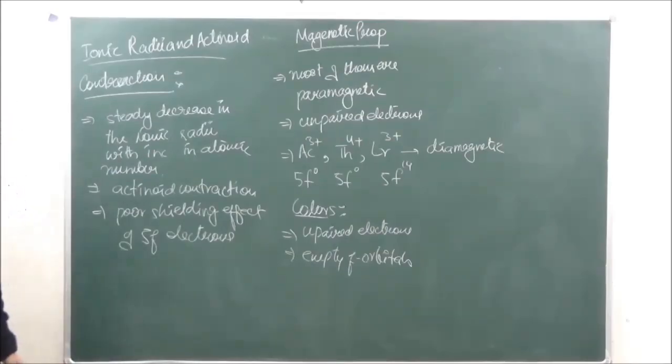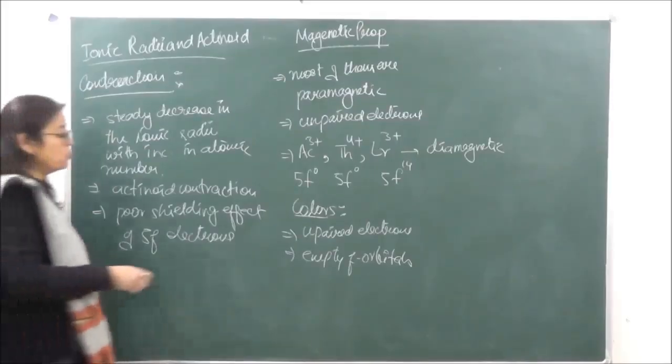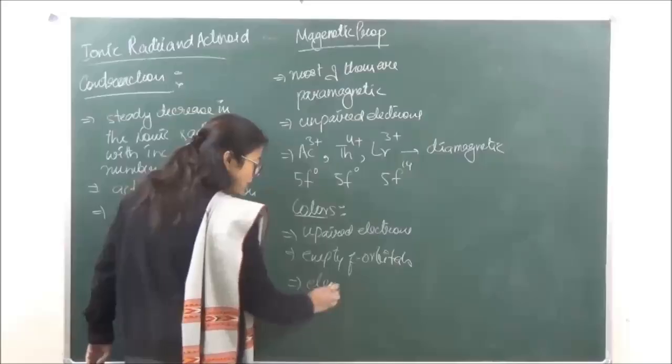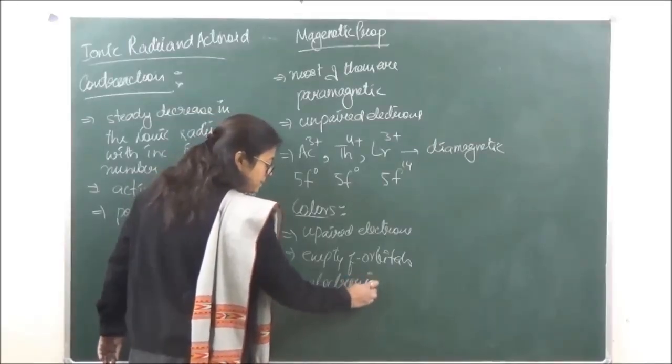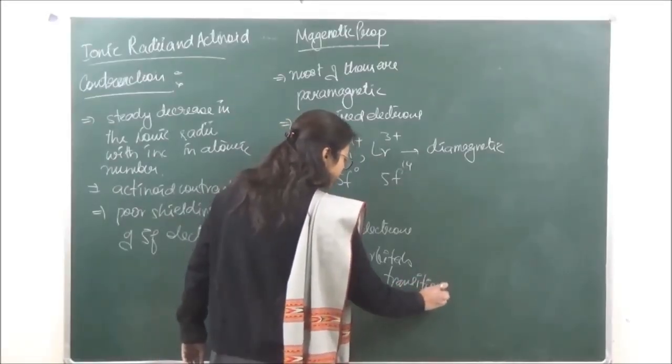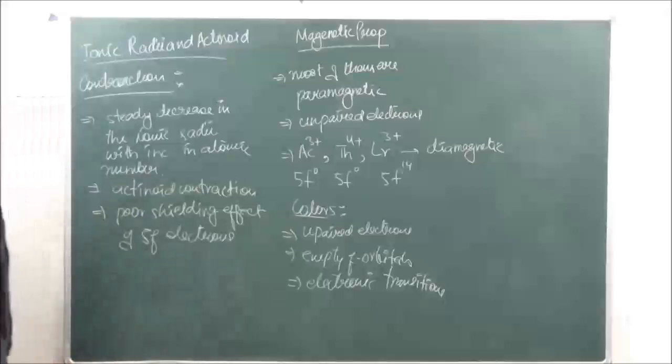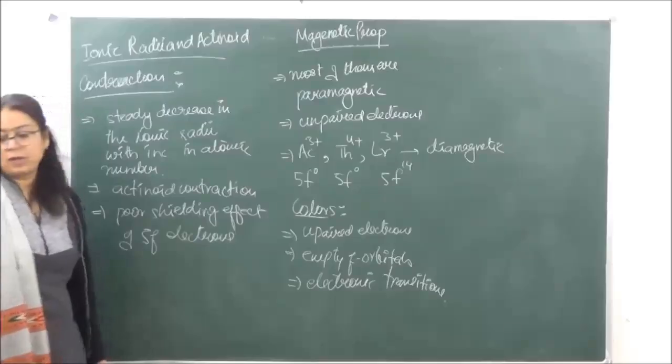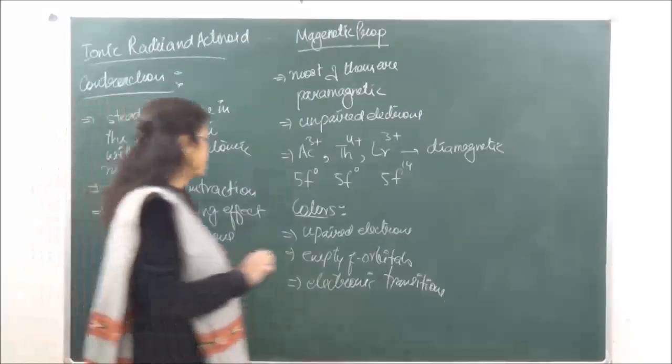So over here the color will be shown by all those which have from 1 electron in f up to 13 electrons. Now the color is due to the electronic transitions which take place in the f subshell.